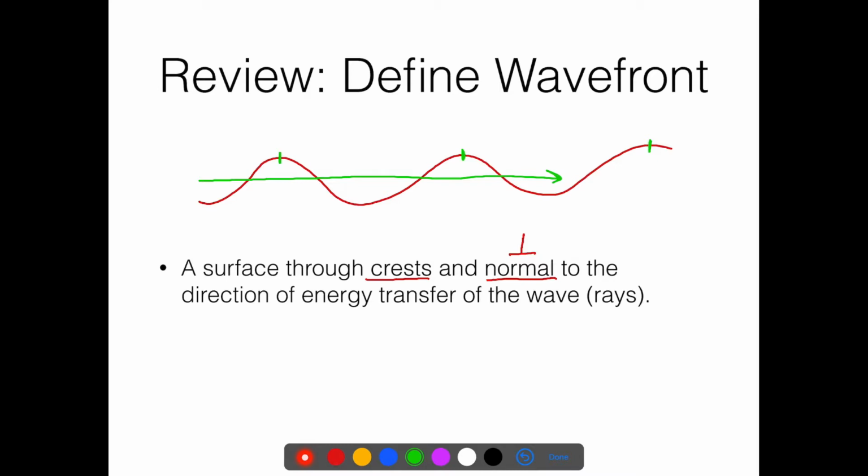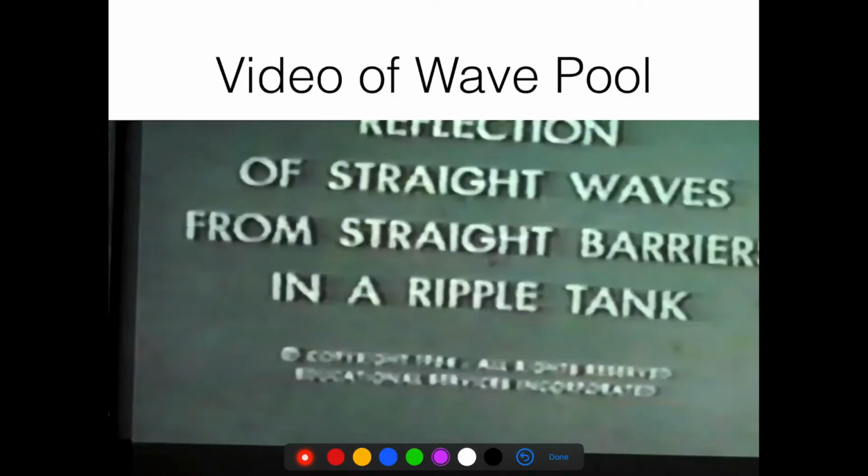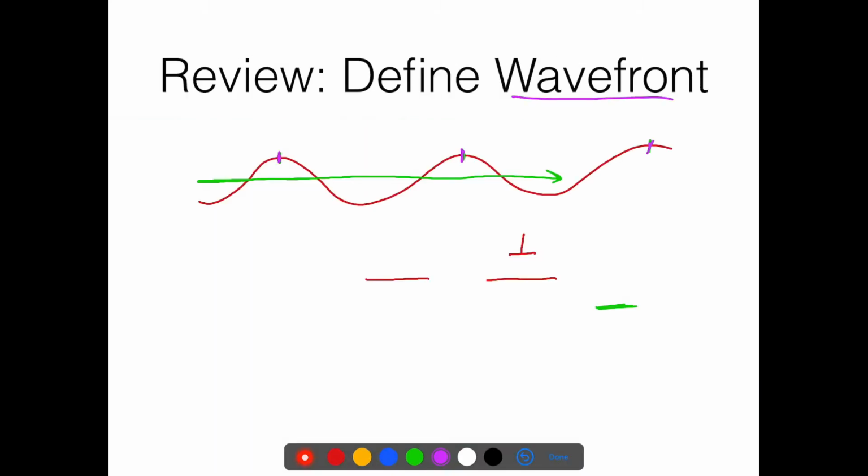Now the direction of the wave, which is the green line that I just drew here, is actually a ray. Now these wavefronts that I've marked, as the wave moves, of course those wavefronts are going to move along in the direction of the wave. But notice that the wavefront itself is perpendicular to the wave. And we're going to see this in the next video as we go forward.